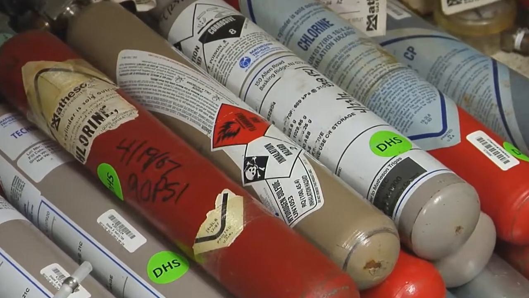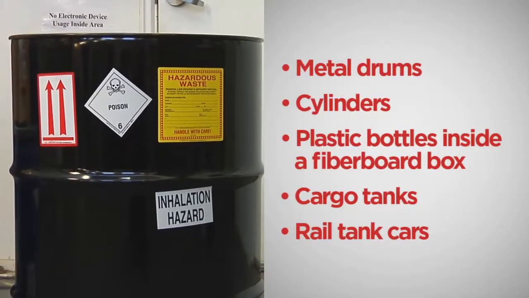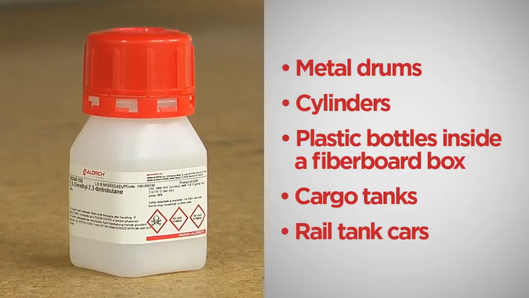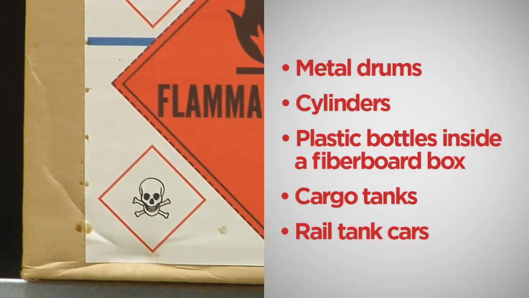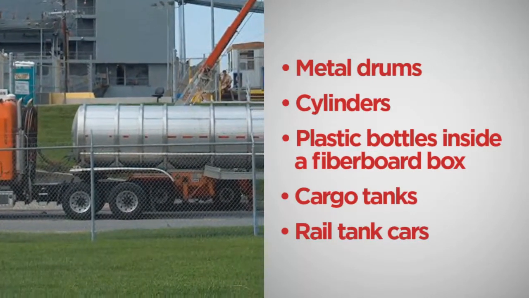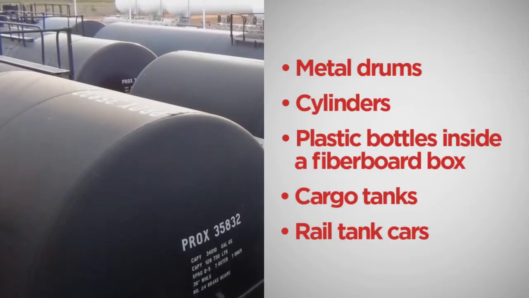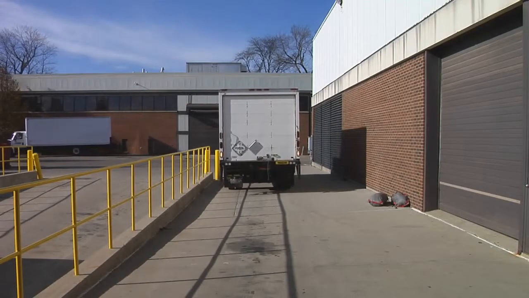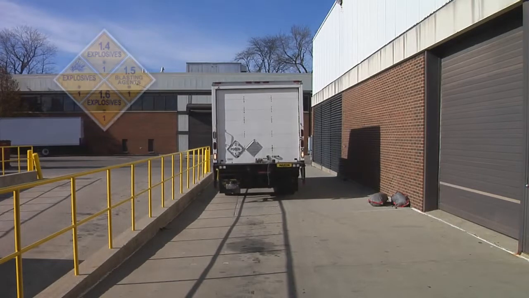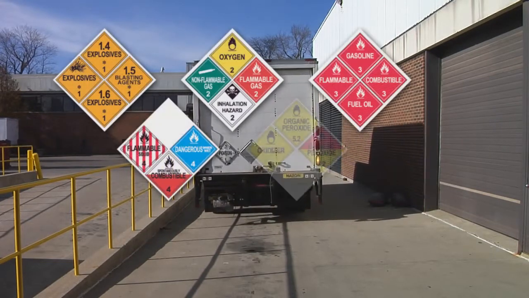Poisonous materials are packaged and shipped in a variety of containers, such as metal drums, cylinders, and plastic bottles inside a fiberboard box, as well as bulk containers such as cargo tanks and rail tank cars. What about vehicle transport? DOT has a total of 9 classes for hazardous material warning labels and placards.